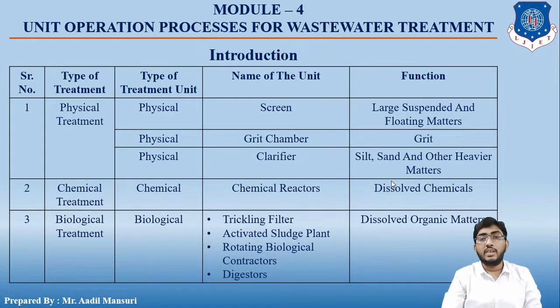The chemical treatment takes place in units called reactors, as I said earlier, and chemical treatment of industrial wastewater can be achieved using several methods like chemical coagulation, chemical precipitation, oxidation and reduction, that is, the redox reaction which we have already studied in our higher secondary section, then neutralization and the ion exchange method. So these are the different types of chemical treatments that usually take place in the chemical reactors.